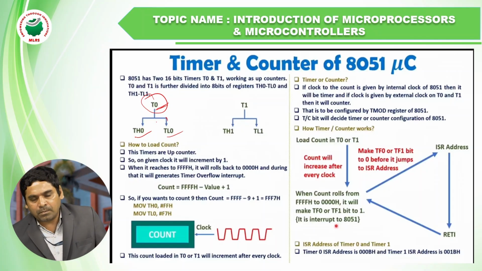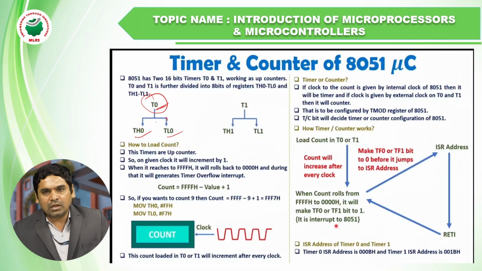When the count goes up to FFFFH, it again rolls back into 0000H.